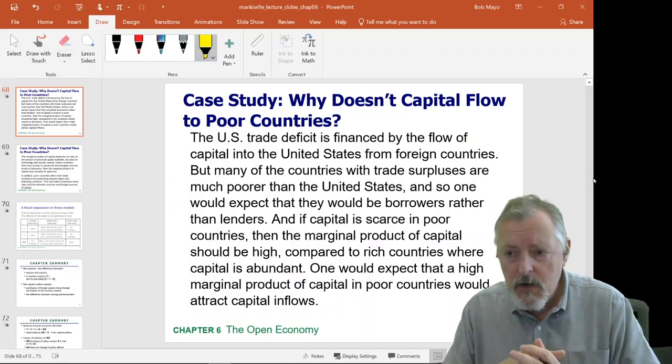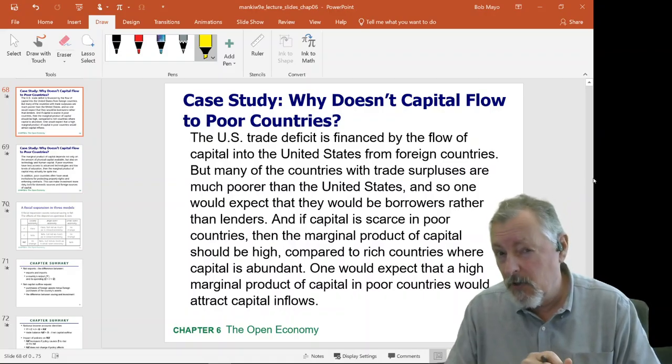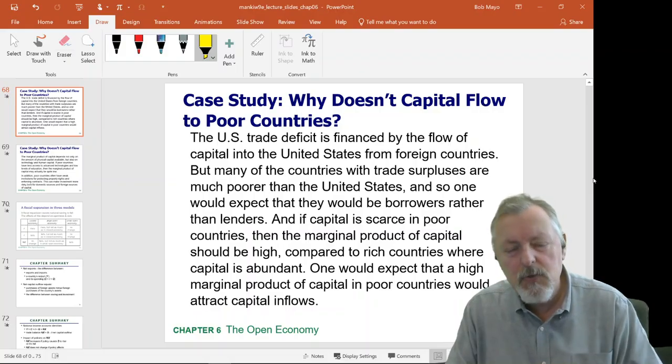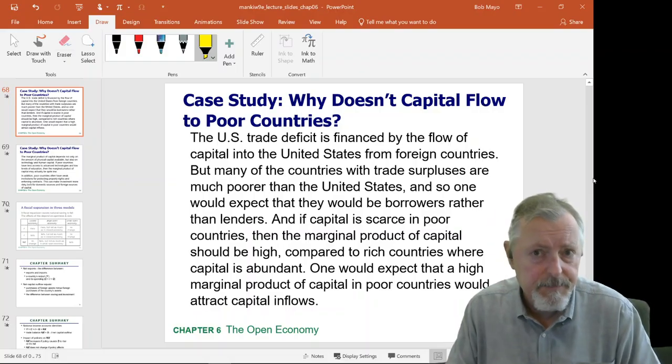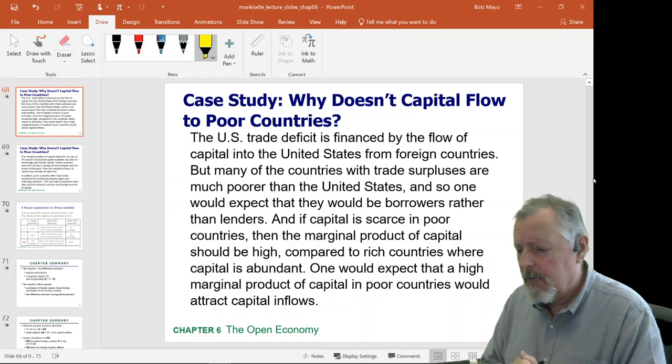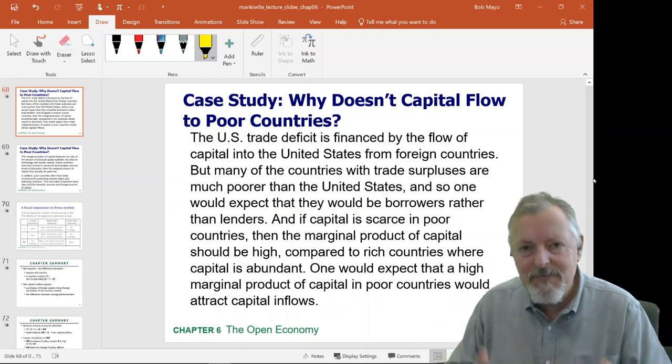There are a lot of countries where they make it difficult for you to take your money out of the country. That would make you less likely to invest in that country. Not all investments have equal risk.